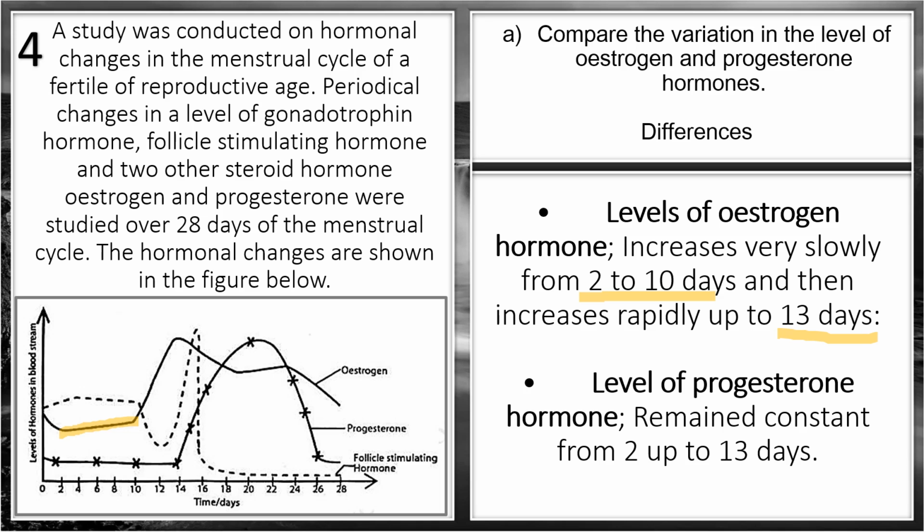Here from 10th to the 13th day, it increases rapidly. Whereas if you look at the progesterone, this one remained constant from the 2nd day up to the 13th day. It remained constant.